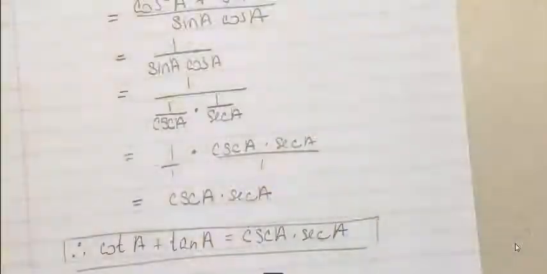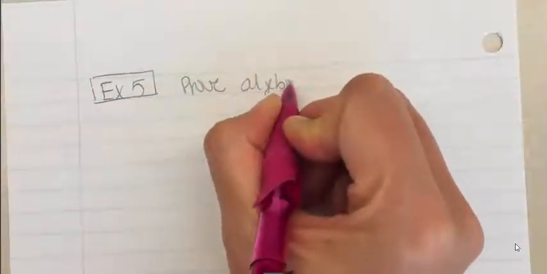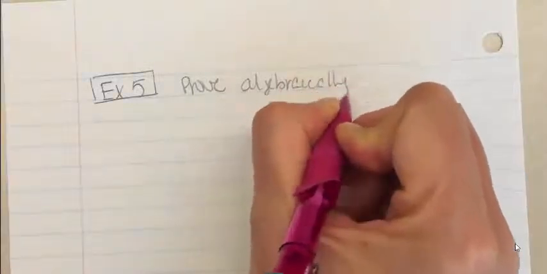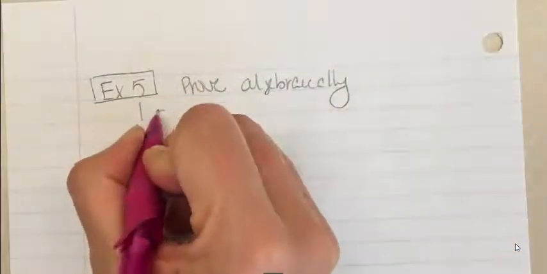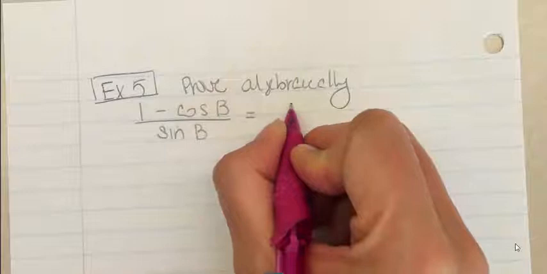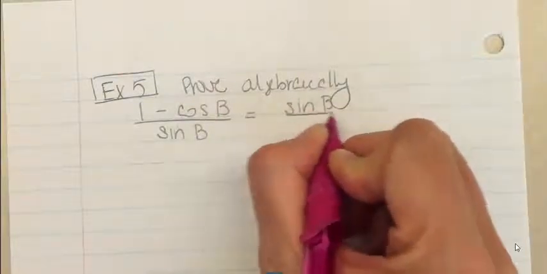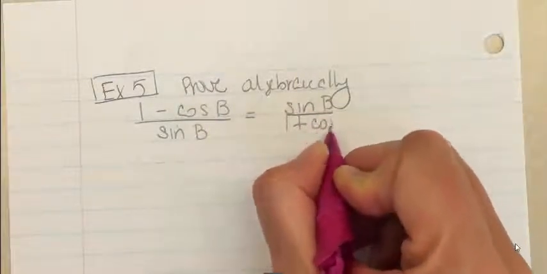Okay, moving on to our last example. So we're once again going to prove algebraically that 1 minus cosine of b over sine of b equals sine of b over 1 plus cosine of b.